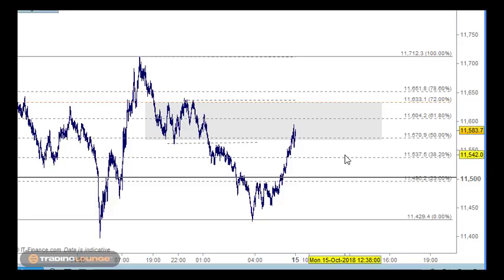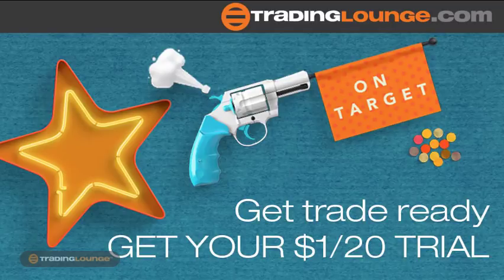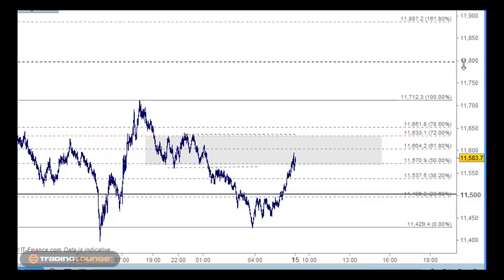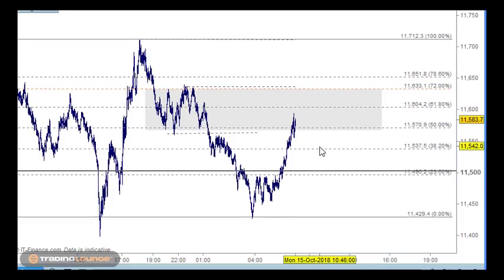But I am thinking 5 waves up here, so there'll be a top of wave 3 and 4 in here, and then a wave 5 up here to top out. It is possible the 38.2% retracement level is just above the 11,800 here. Let's just see how we go.